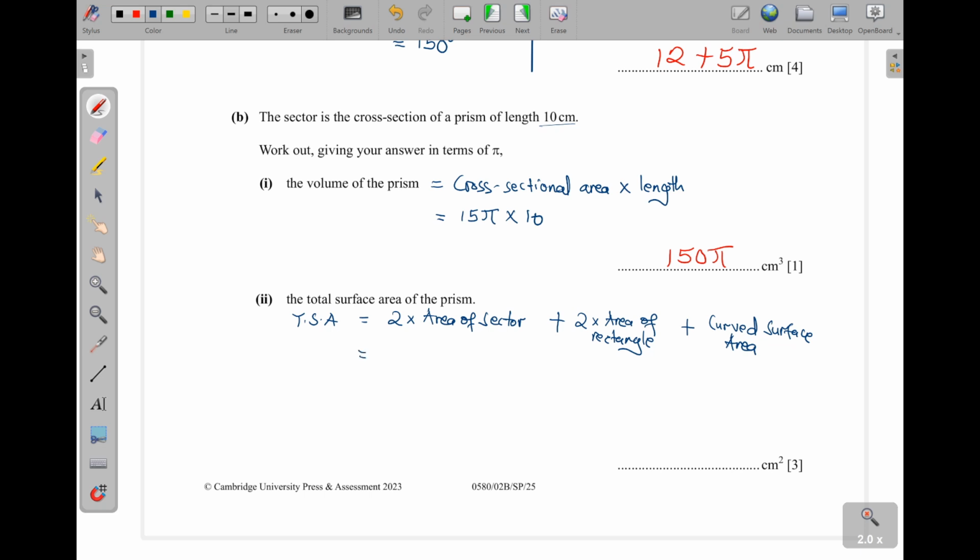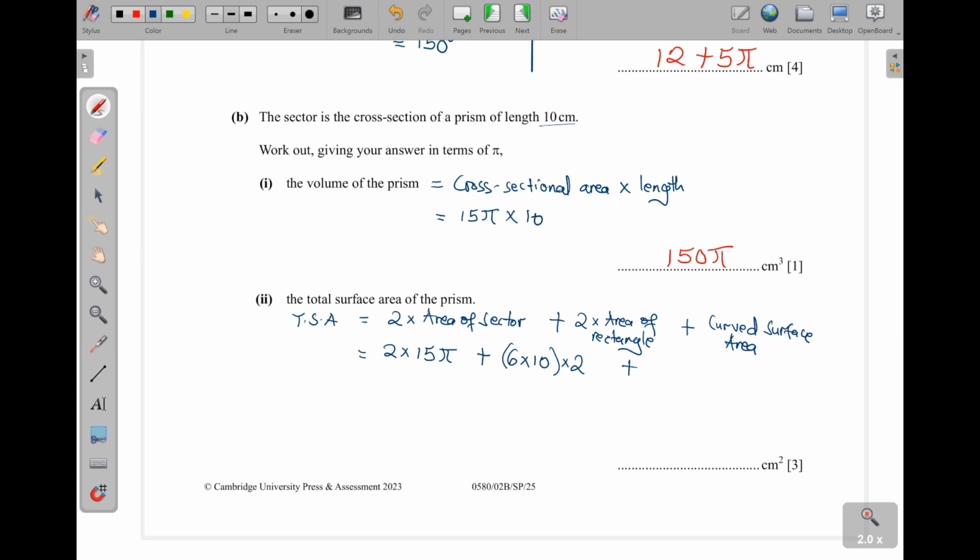Now, the area of the sector was given as 15 pi. Then for the area of the rectangle, we have 6. The length is given as 10, so we shall multiply this by 2.